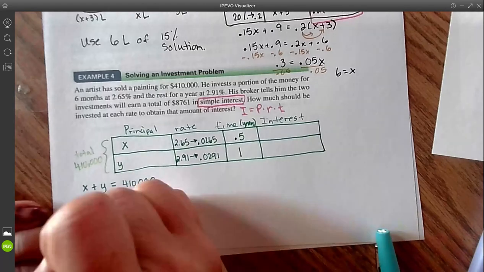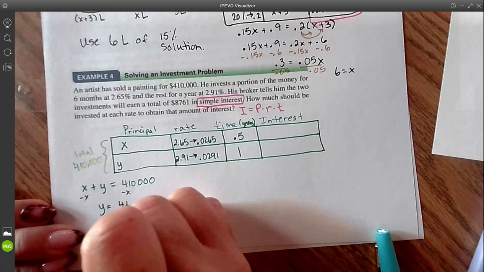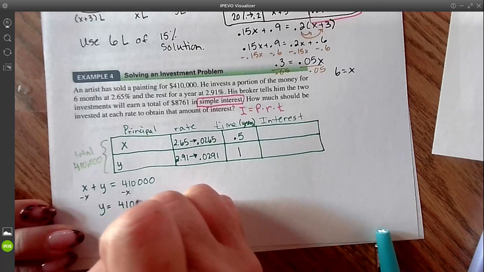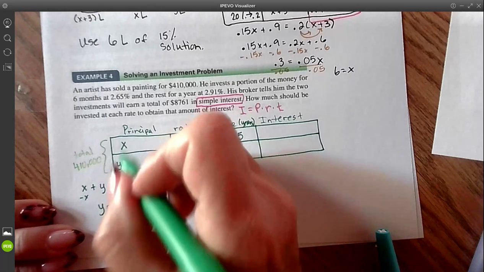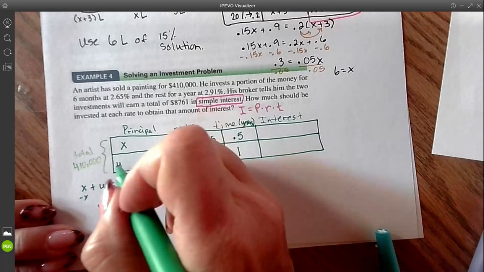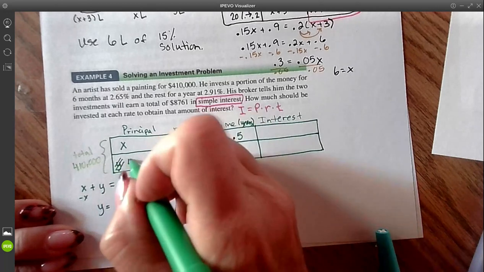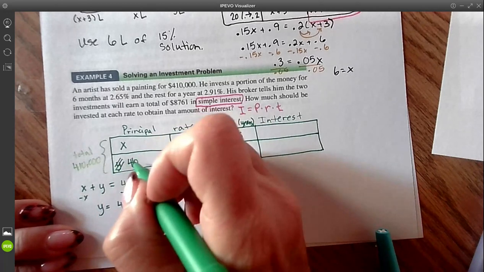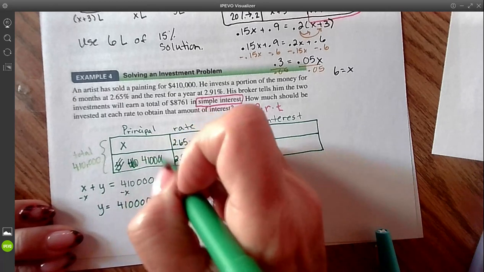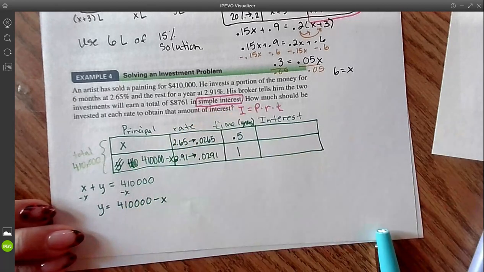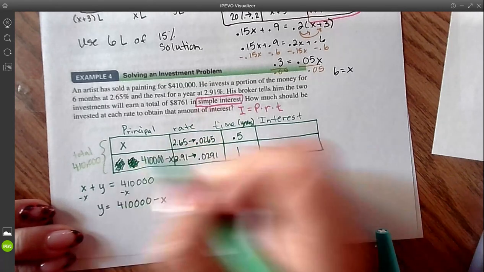So I am going to move this X to the other side, and the other amount of principal is going to be $410,000 minus X. Because if I put X dollars here, that's how much I have left. So I'm not going to use Y. I'm going to use 410,000 minus X. And that's going to be the principal in that other account.